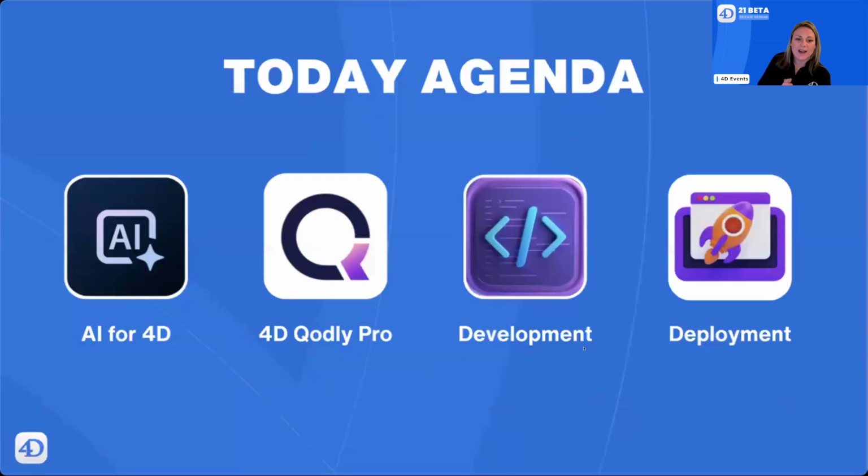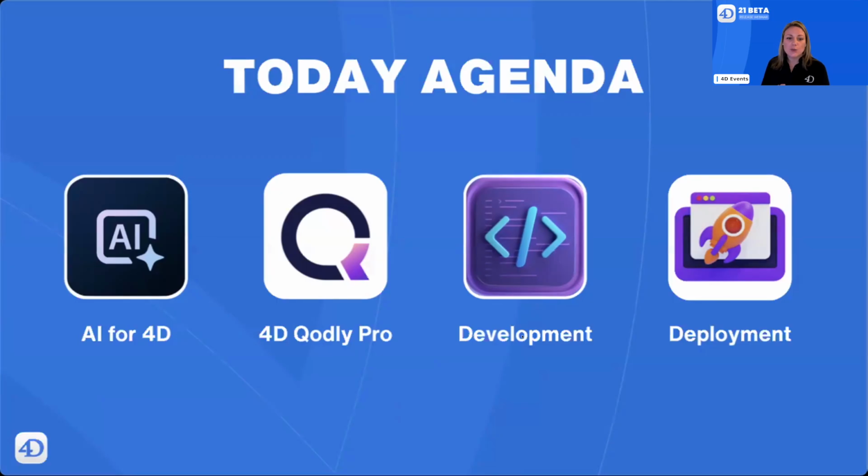Here is what we have planned for today. We will start with a deep dive into the topic of artificial intelligence for 4D, AI for 4D, how AI fits into the 4D ecosystem and the new possibilities it unlocks.